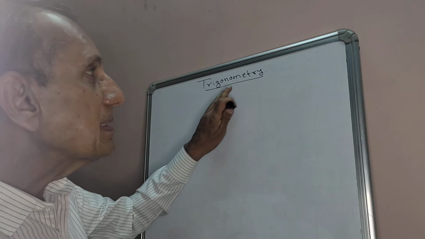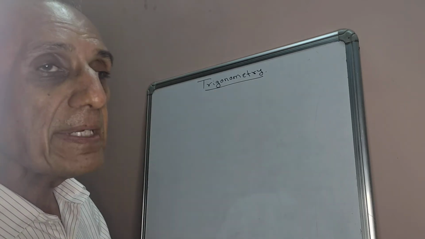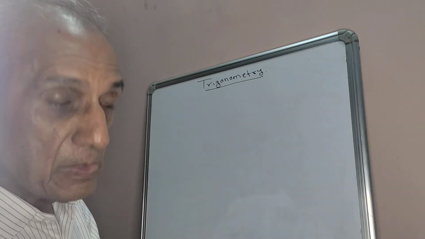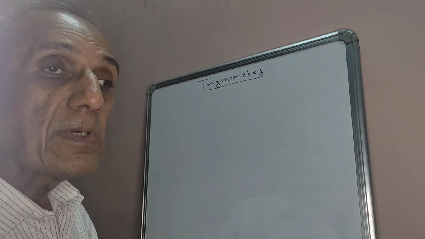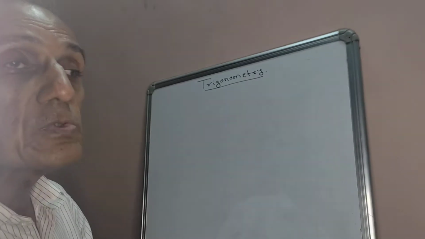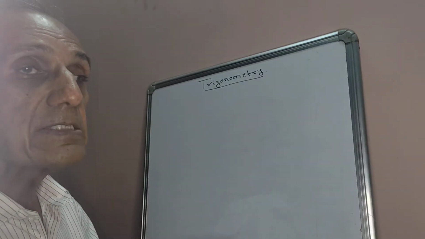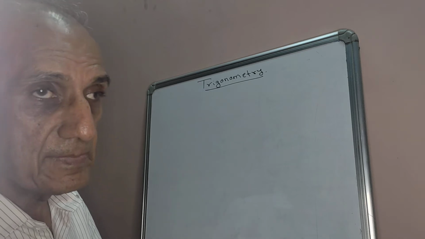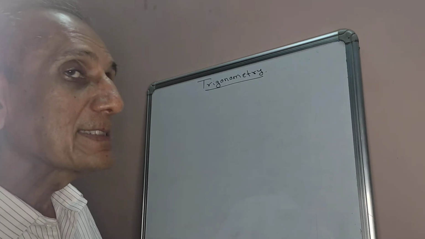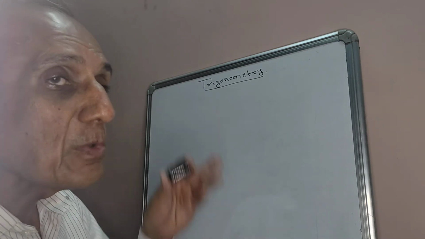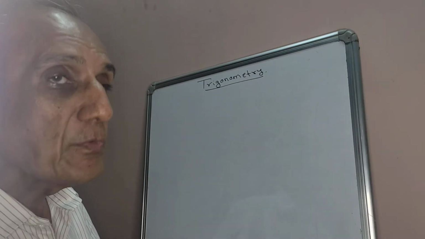Trigonometry is a branch of mathematics. What does it do? It deals with the ratios of the sides and angles of a right angle triangle. In fact, it can say any triangle, but to begin with, we normally begin with a right angle triangle.